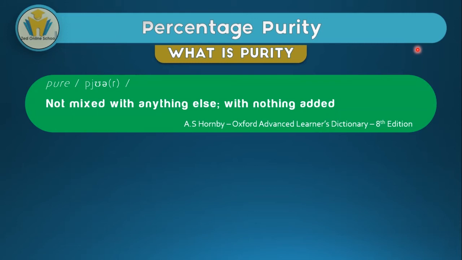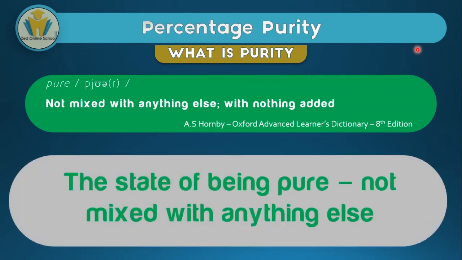It's not mixed with anything. So when we say something is 90% pure, we're saying 90% of this thing is actually what we need. The 10% is what is added or what is mixed with what we want. So purity can be just simply said the state of being pure or not being mixed with anything.